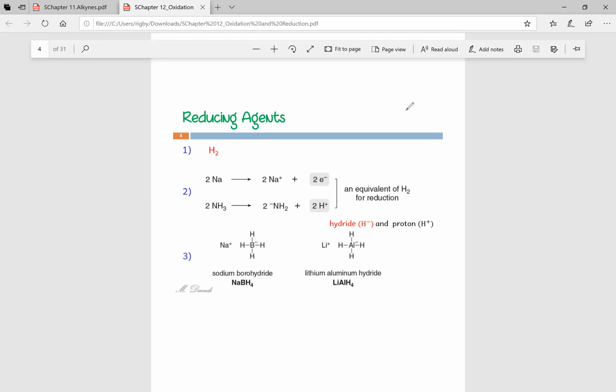Sodium borohydride, lithium aluminum hydride, and the sodium and ammonia reagents are important to understand and know about. But honestly, H2 is going to be much more familiar to you. You're going to see it a lot more, okay?